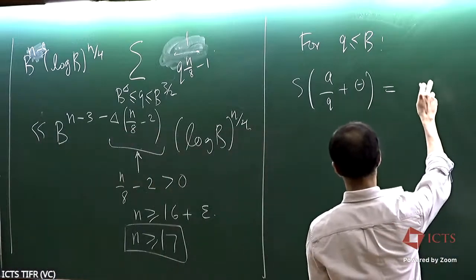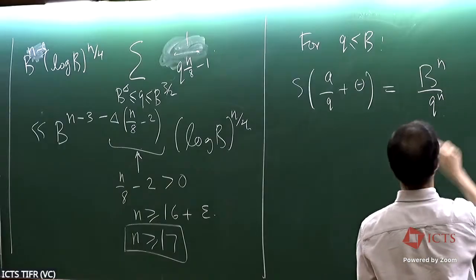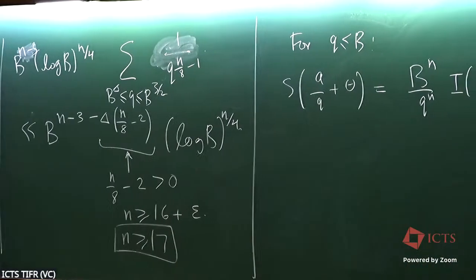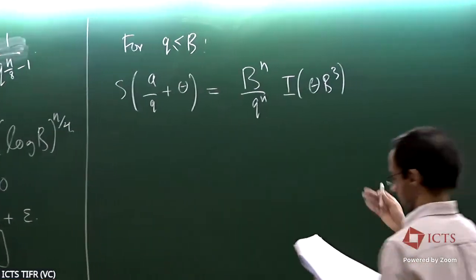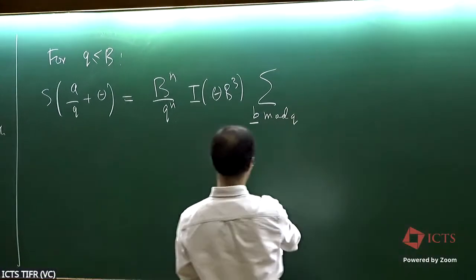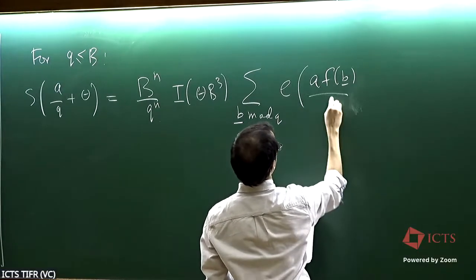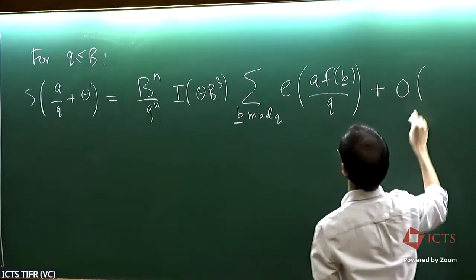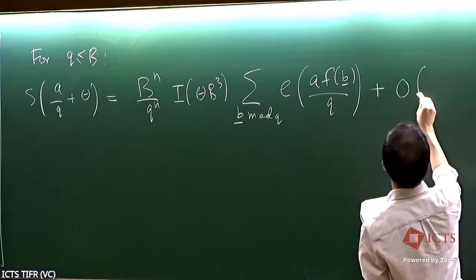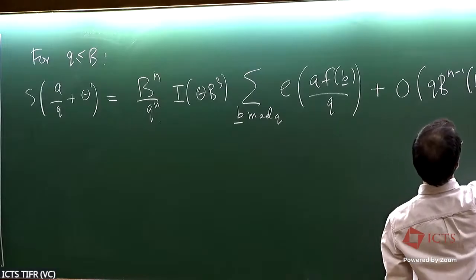So this is what we had done after a change of variables, b to the n over q to the n. Then there's an integral. This integral, once again, came from replacing a summation by an integral. And then we had this particular sum of E. And then when we replaced a summation by an integral, this is the error term that we had obtained, which looked like q b to the n minus 1, 1 plus, right?